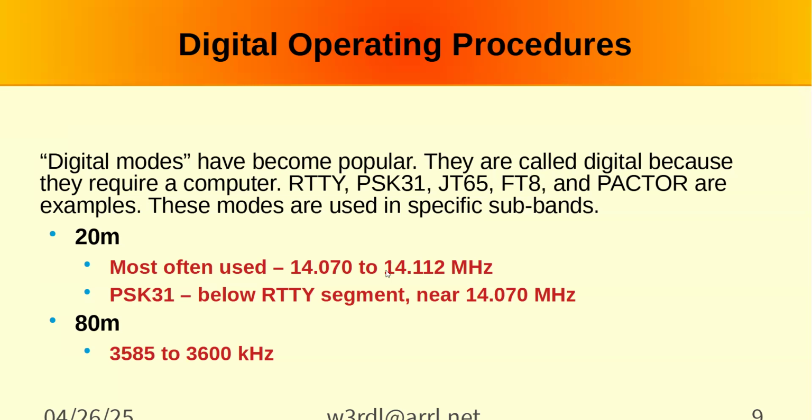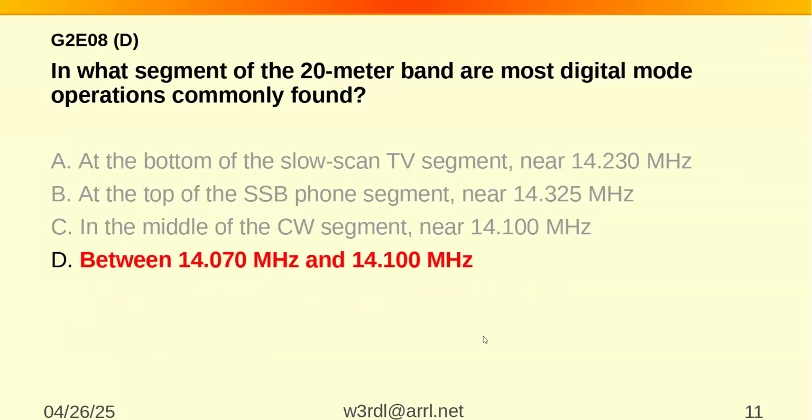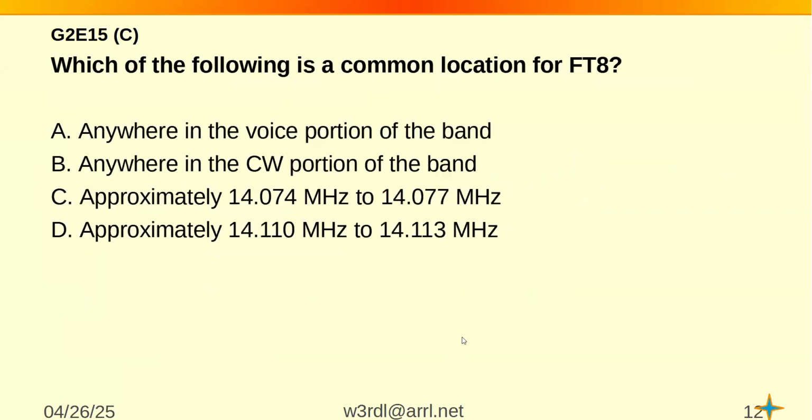And on the 80 meter band, they're in this 3.585 to 3.600 subband. In what segment of the 20 meter band are most digital mode operations commonly found? Which of the following is a common location for FT8?